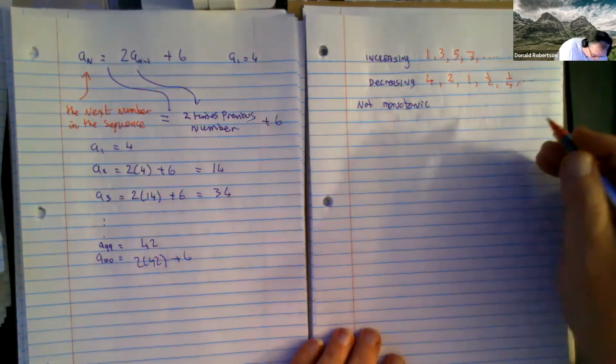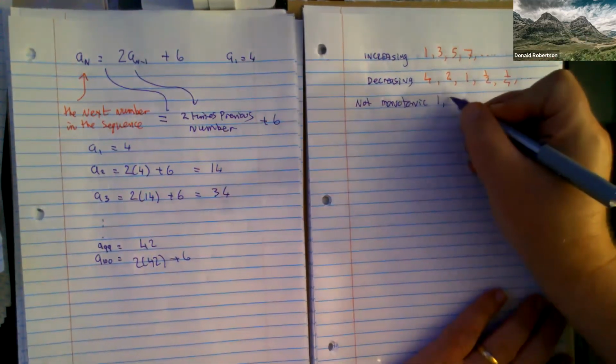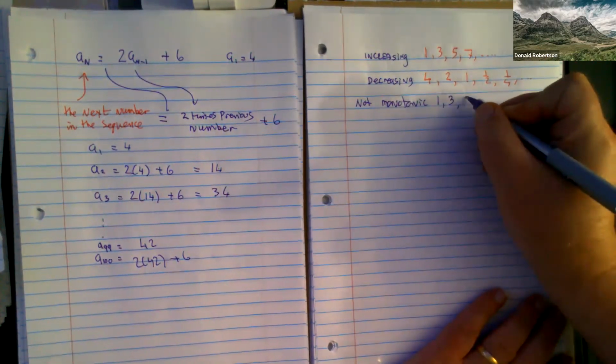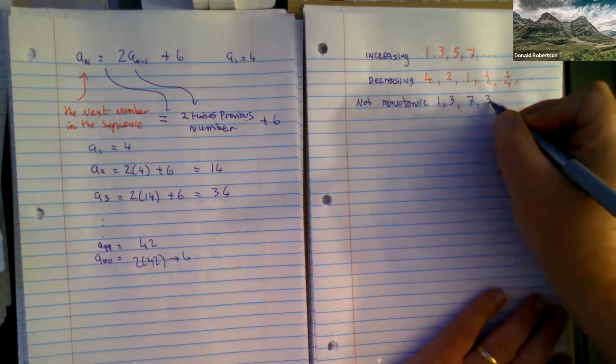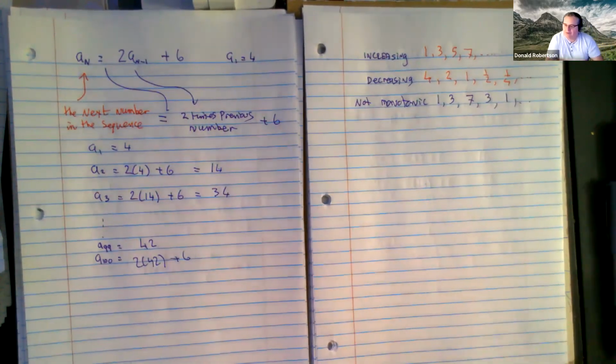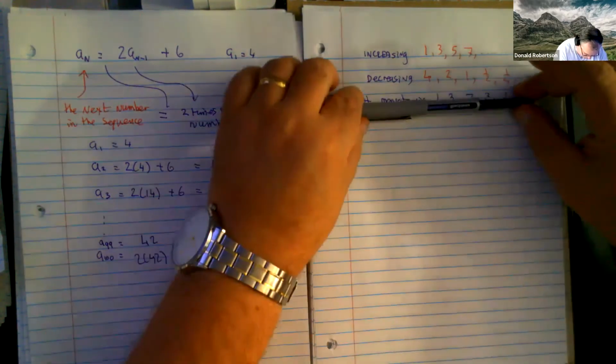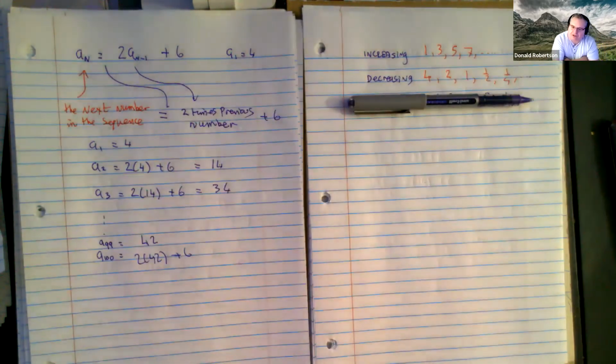So a not monotonic sequence might look something like 1, 3, 7, 3, 1. And who knows what the next one would be. Can you see that the function increases and then it decreases? If you are one of the top two, you're always increasing or you're always decreasing.